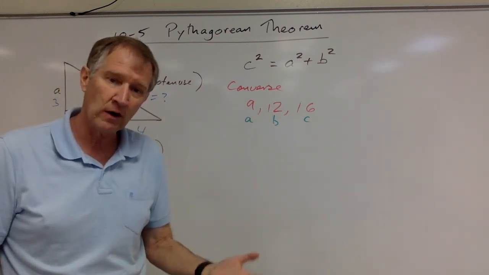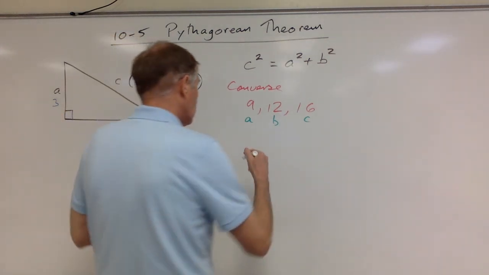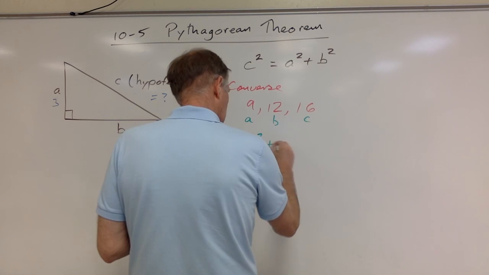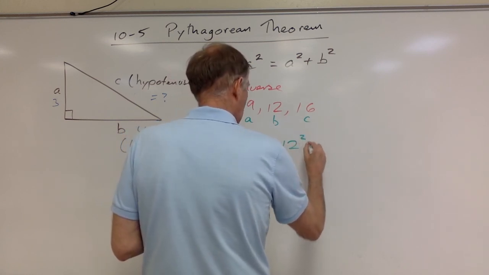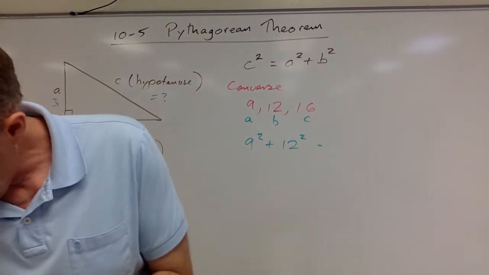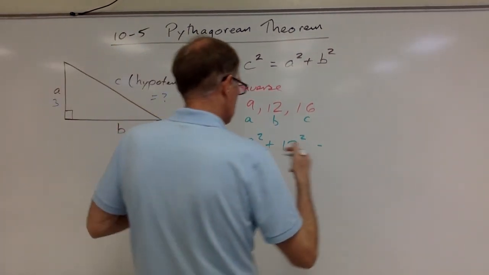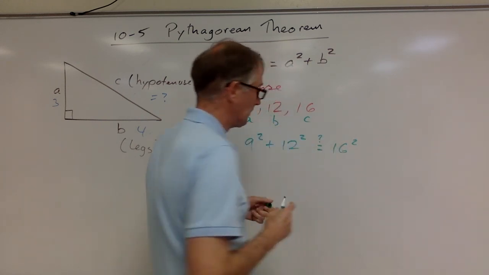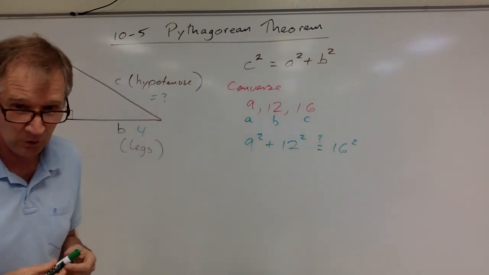If it is, it's a right triangle. If not, it's not a right triangle. So 9 squared plus 12 squared, does it equal 16 squared? I find it interesting how they write this in the textbook. They put a little question mark over the equal sign because they don't know whether it is or not.